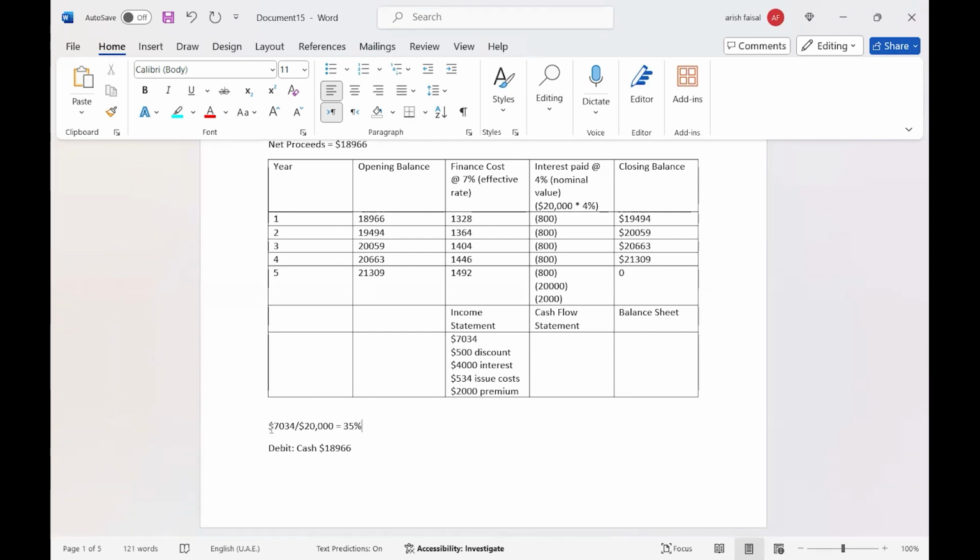So 35 percentage is basically the overall cost of this bond to the company. And because it was for 5 years, if I divide by 5 years, I exactly get that 7 percentage, which was the effective rate. Okay. So that's how the effective rate is calculated, and you need to amortize it over the 5 years period.